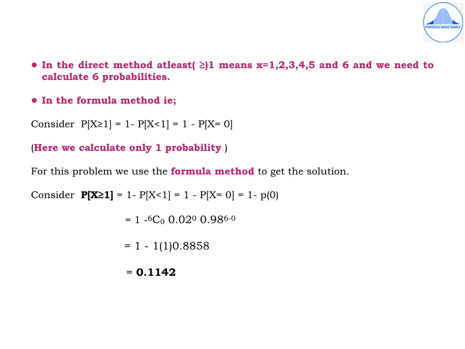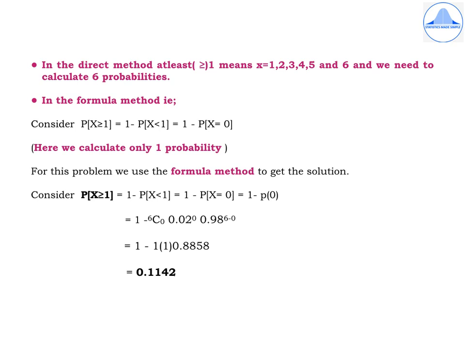So start with probability of x greater than or equal to 1, which is 1 minus probability of x less than 1, which means it is equal to 1 minus probability of x equal to 0, which is 1 minus p of 0.